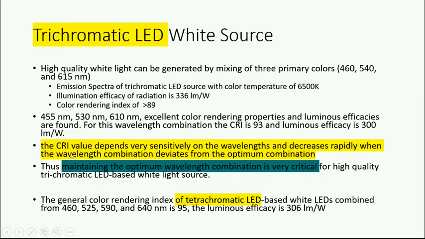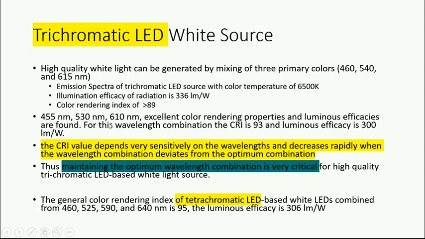The CRI value is very sensitive to this wavelength combination, okay? Any change in wavelength makes the CRI value decrease rapidly. That means the CRI value decreases rapidly when the wavelength combination deviates from the optimum combination.